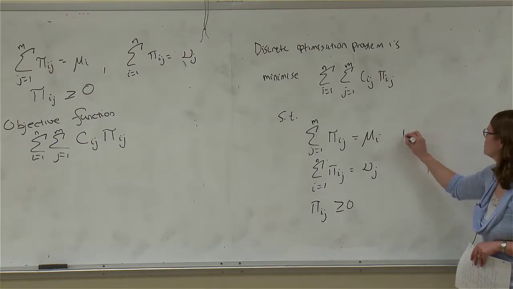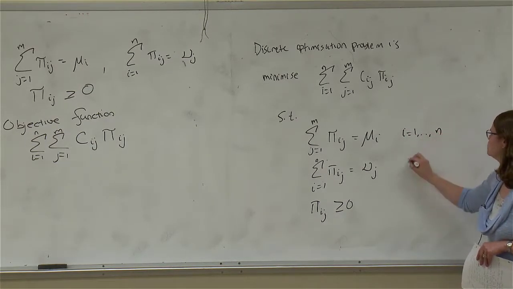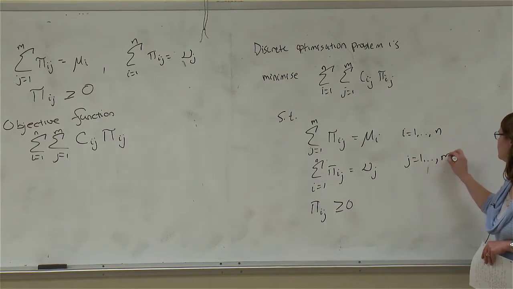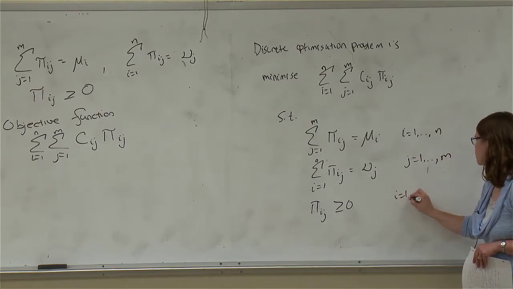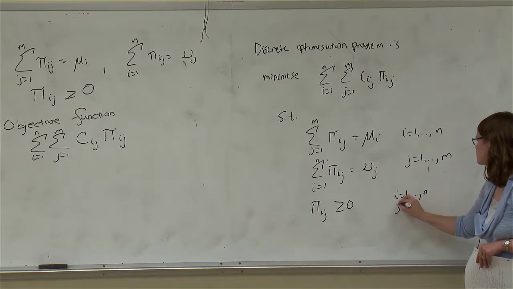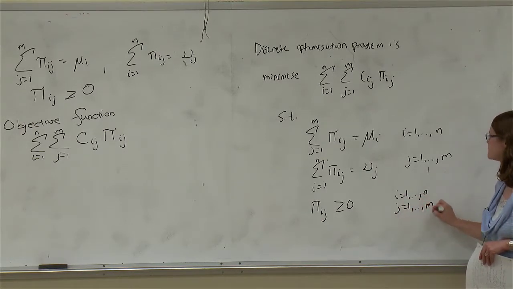This is for i equals 1 to n, j equals 1 to m, over all possible values of i and j.